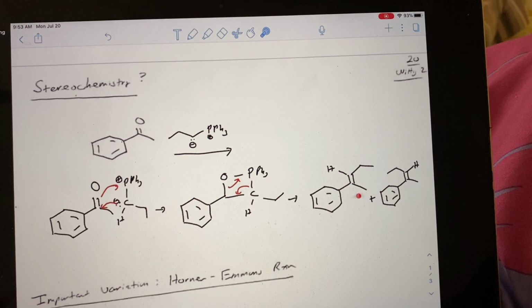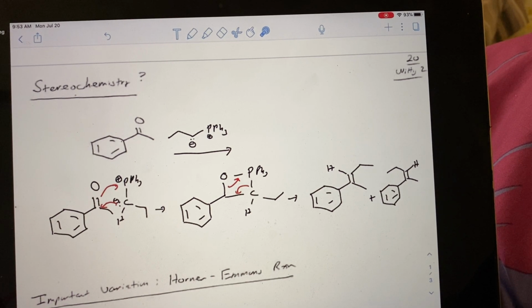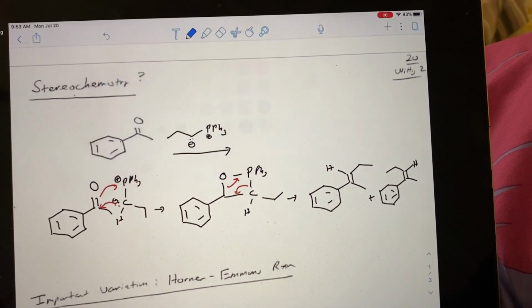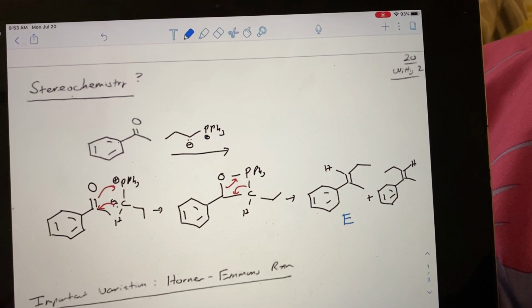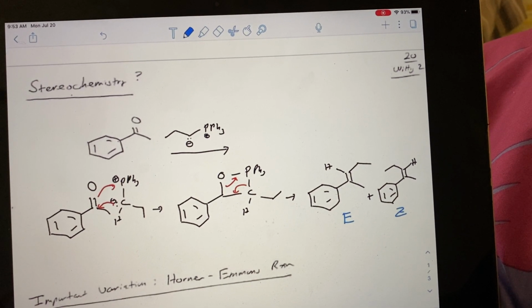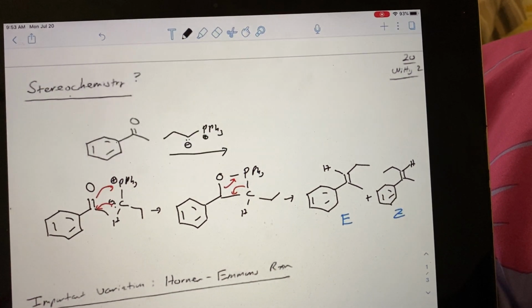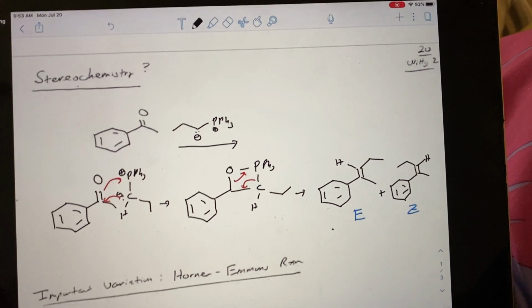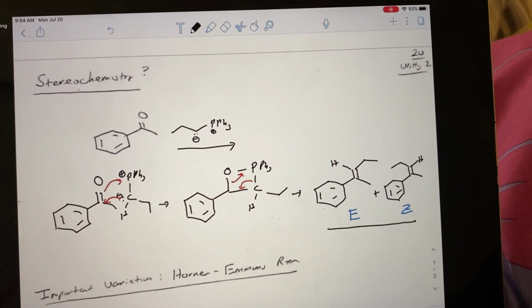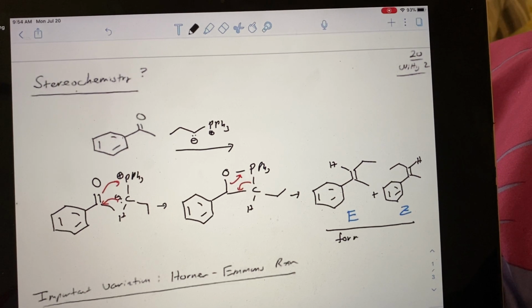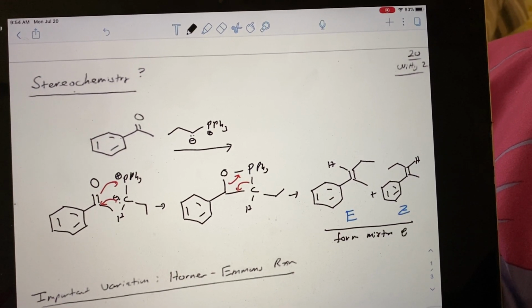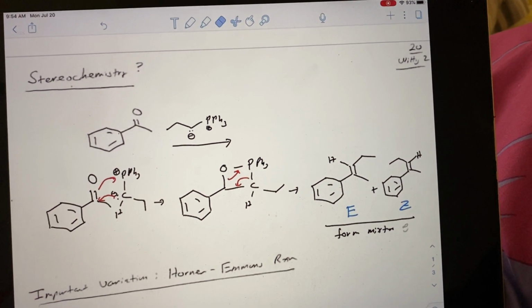On this bottom side, this ethyl group will be the higher priority. So this one is going to be E, and this one will be Z. So if you can form stereoisomers, you will form a mixture of E and Z.